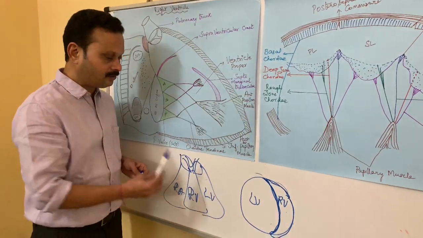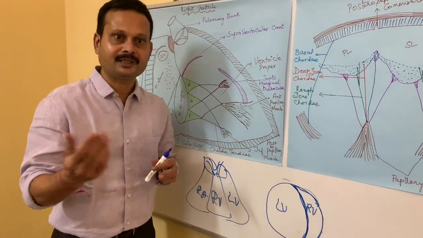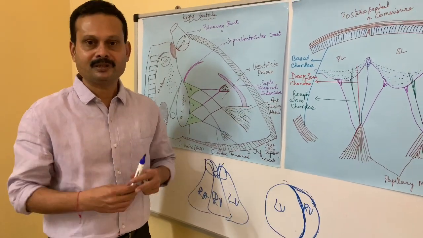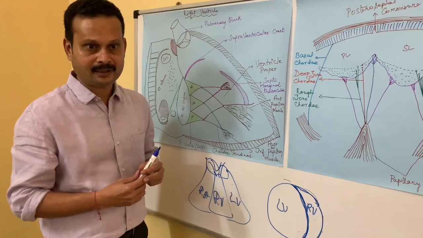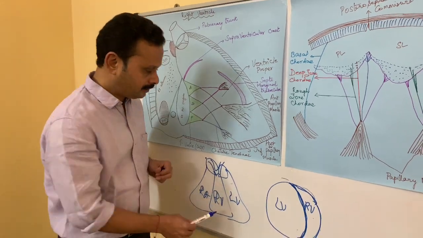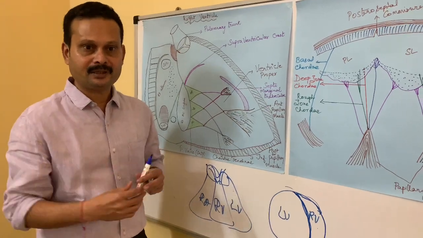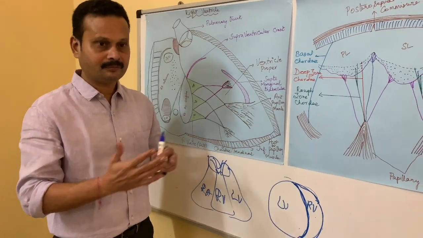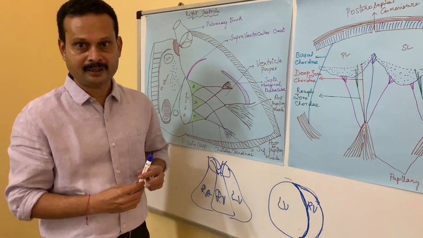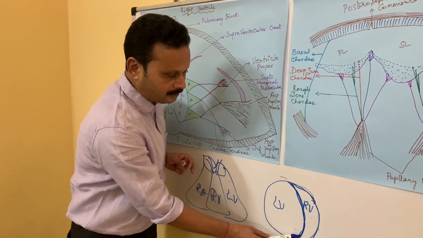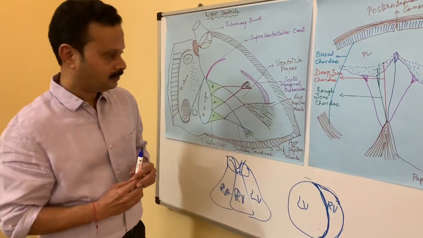The sternocostal surface is related to the sternum and its corresponding ribs, forming the superficial area of cardiac dullness, and the inferior surface is related to the central tendon of the diaphragm, being separated by the pericardium.